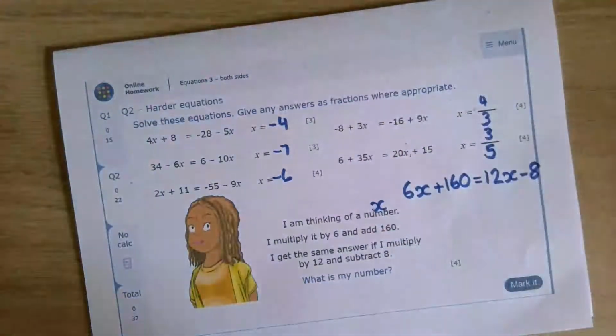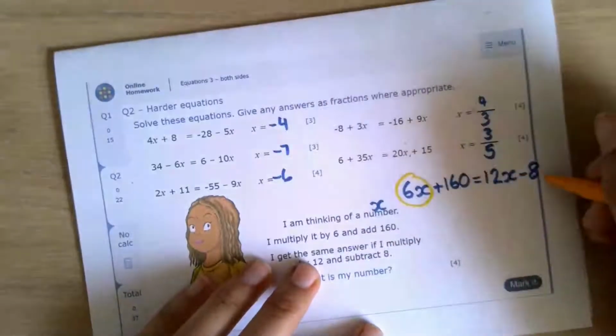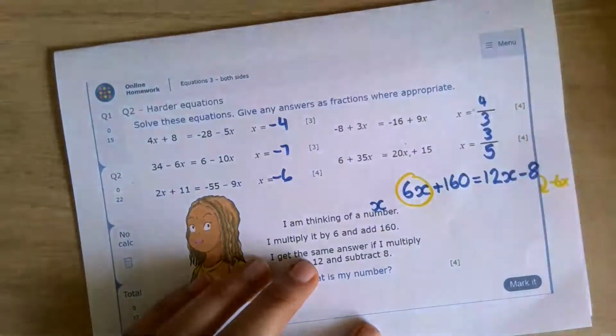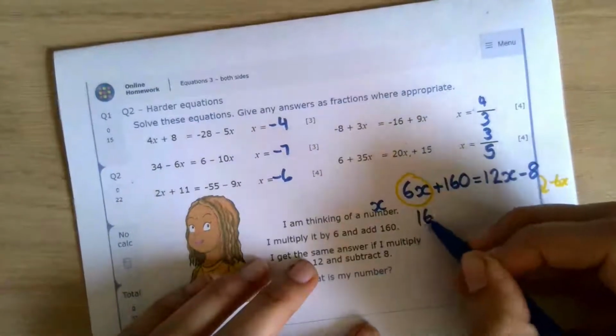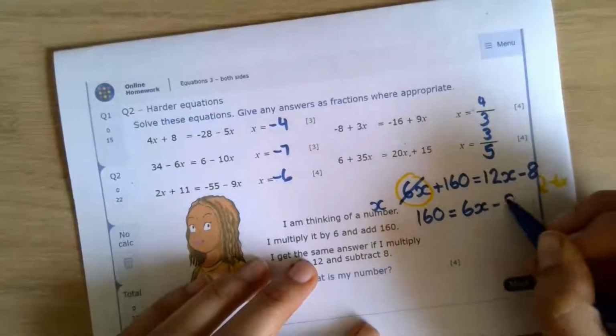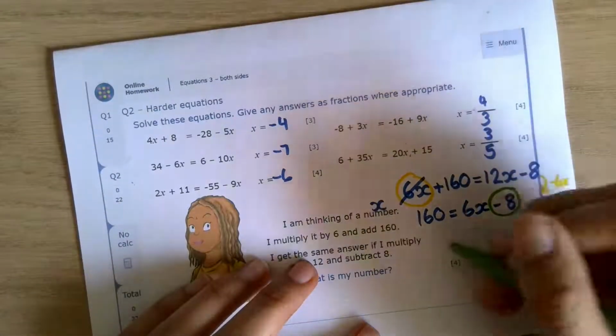We have a two-sided equation. Let's just do exactly what we've been doing before. We start off by removing the smallest amount of the unknown. We then make sure that we don't have a constant mixed with an unknown.